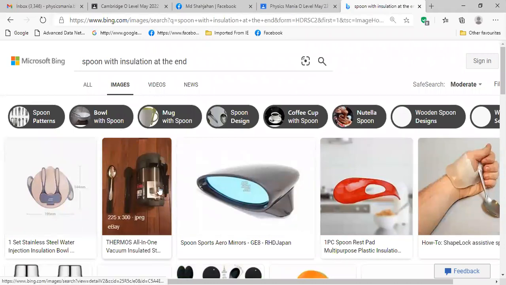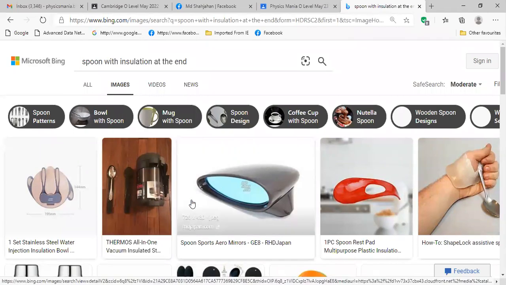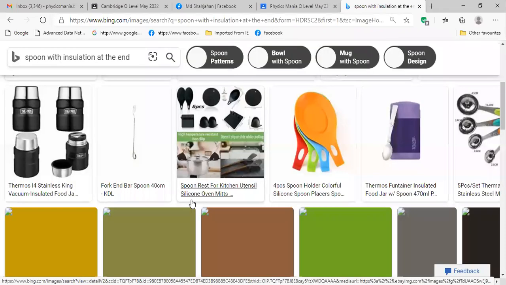Okay, so this is one example. We have insulation. Let's see more. Is there anything else?